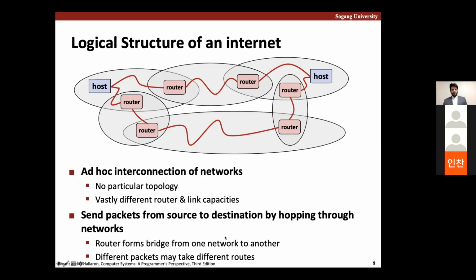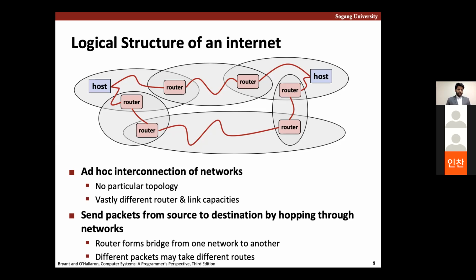So we have these ad hoc interconnections of networks. They have no particular topology, and vastly different routers and link capacity. Every router has its own characteristics, and it depends on what requirements are needed. People usually install those routers and switches accordingly. When you're sending packets from source to destination, for example from left to right, there are multiple hops that a packet should go across, and these routers form bridges from one network to another.